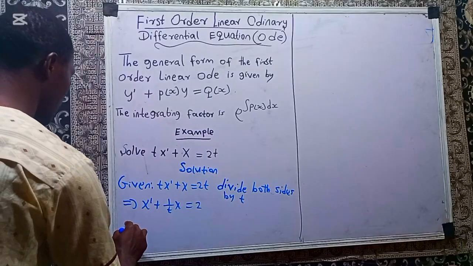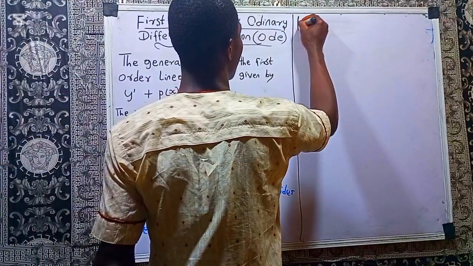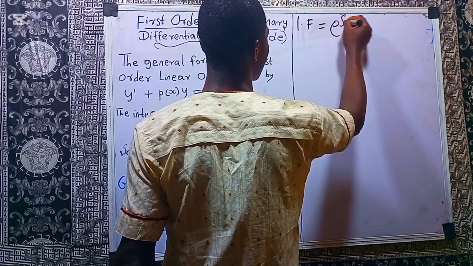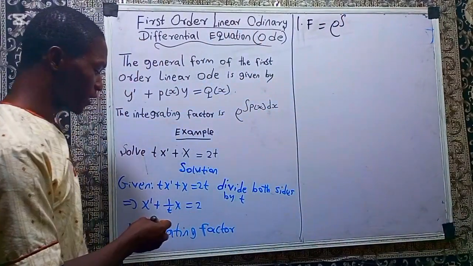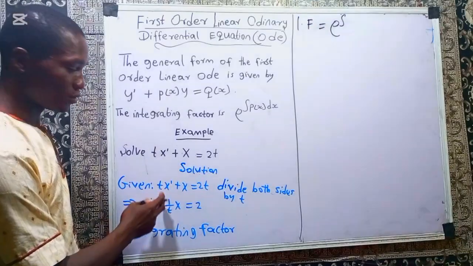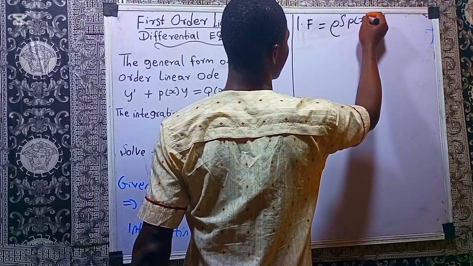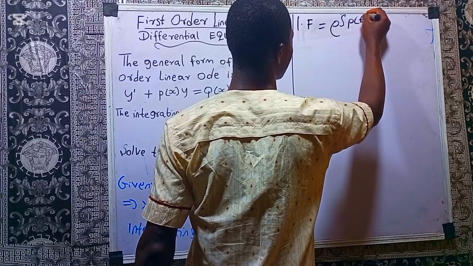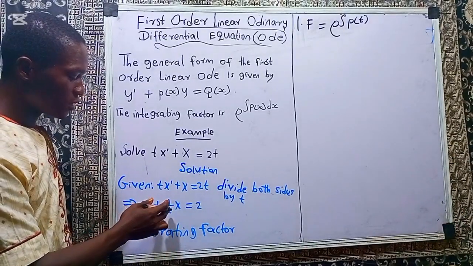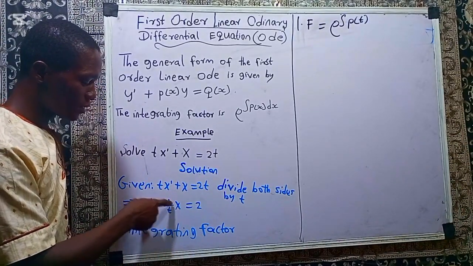Then the integrating factor will be equal to exponential integral of the function of the independent variable multiplying the dependent. So in this problem we are solving, what is that function of the independent multiplying the dependent?